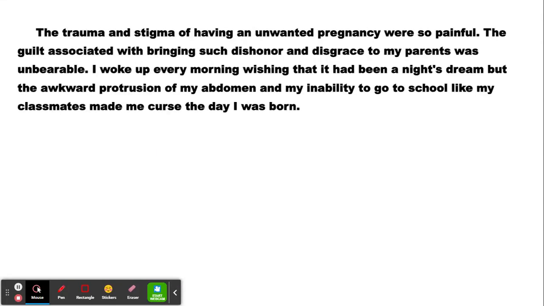Next paragraph. The trauma and stigma of having an unwanted pregnancy were so painful. The guilt associated with bringing such dishonor and disgrace to my parents was unbearable. I woke up every morning wishing that it had been a nice dream, but the awkward protrusion of my abdomen and my inability to go to school like my classmates made me curse the day I was born.